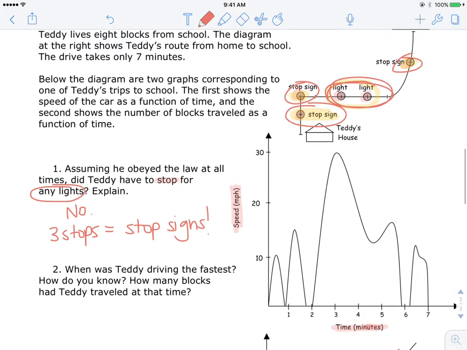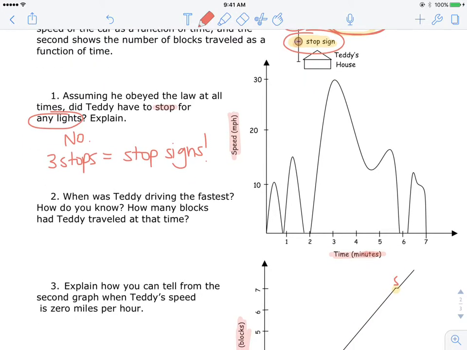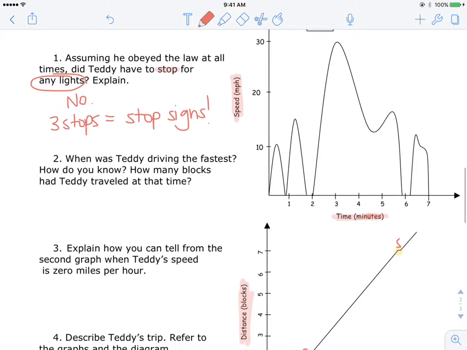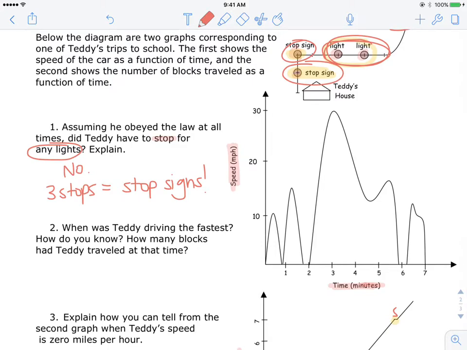Okay, next question. When was Teddy driving the fastest? Okay, so for talking about speed, when is he driving the fastest? I'm going to look at this graph that maps his speed, right? So let's see here. It looks like in about half a second, he got up to about 10 miles per hour. Then in about another half a second, he got up to 15 miles per hour.